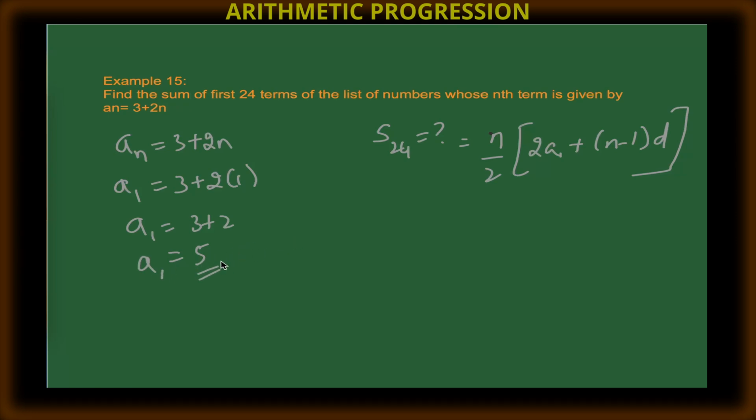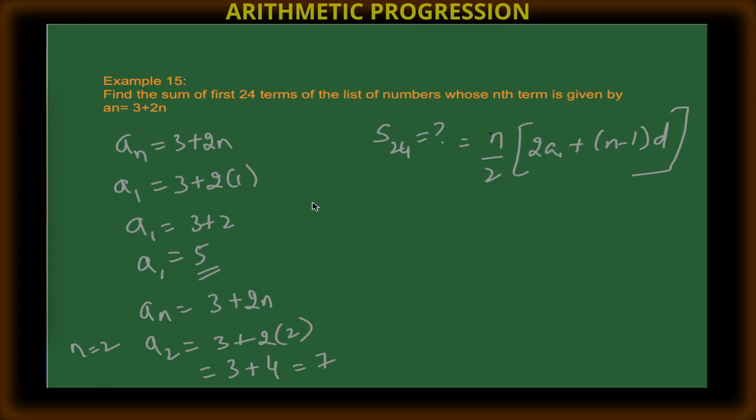Now that we have identified the first term, we know a. To find the difference, we need to find the sequence. Let's use the same formula an is equal to 3 plus 2n and replace n with 2. a2 is equal to 3 plus 2 into 2, which is 3 plus 4, which is 7.